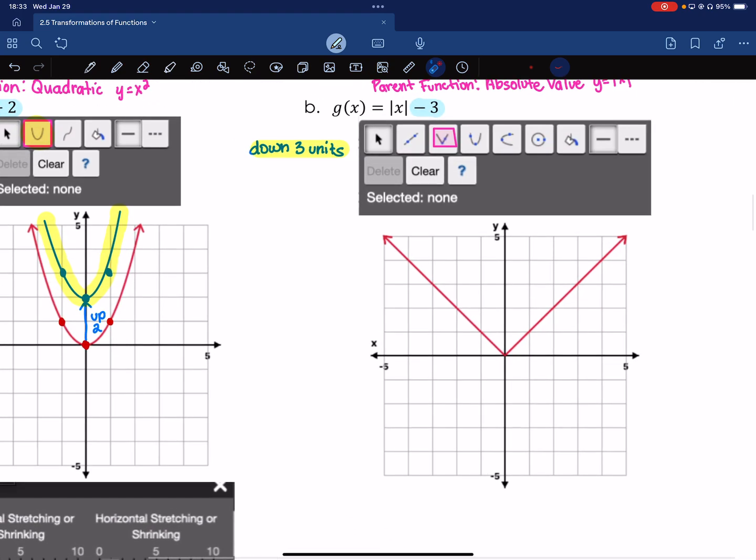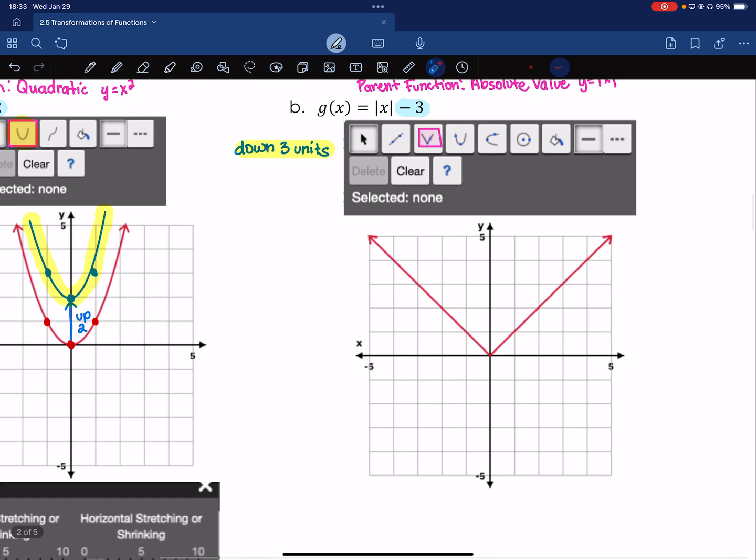Okay. So on this one, we're taking all of these points, not x values, all of these points, and we're moving them down 3 units. So if we start with this point right here and we go down 3 units, that's going to be right here, and we went down 3.